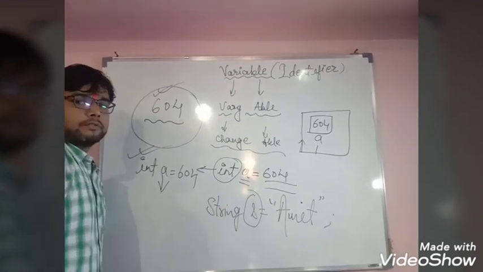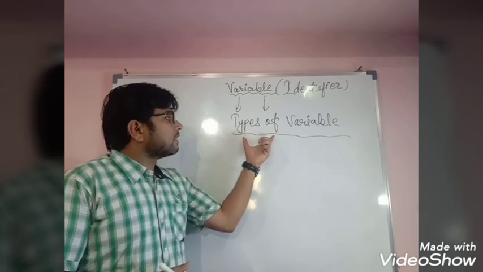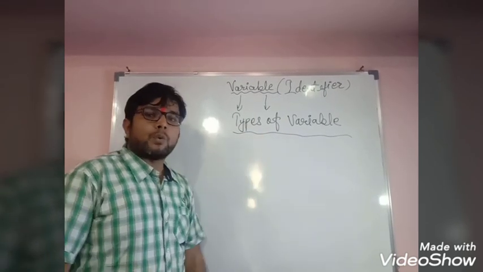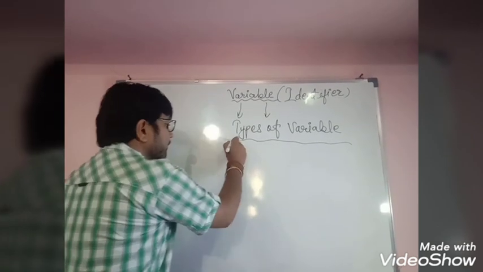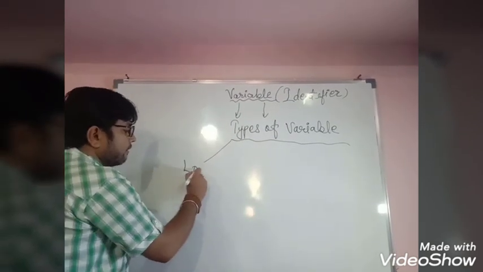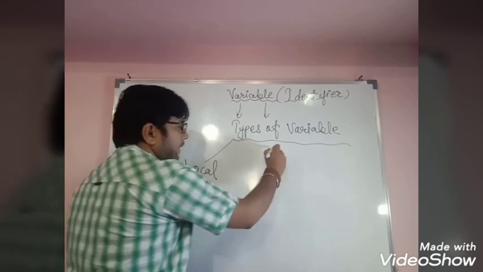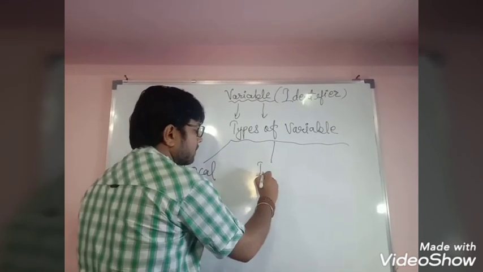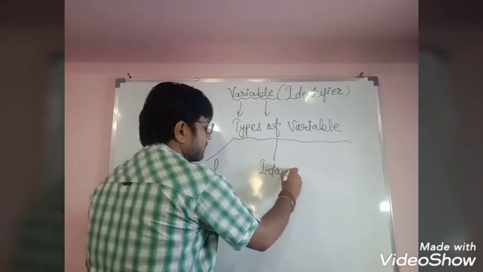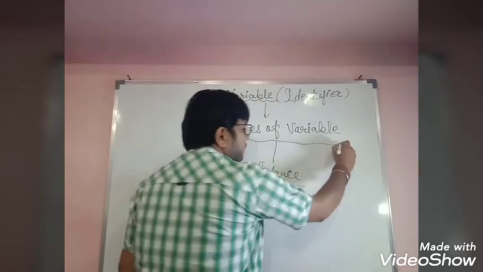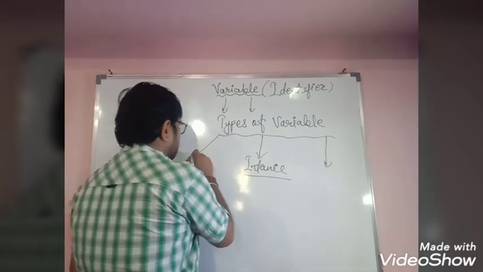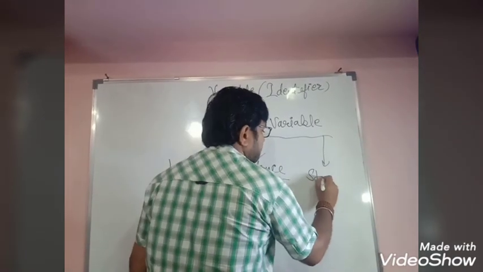Now students, we have to learn about the types of variables. Variables are mainly of three types. First is local variable, second is instance variable, and third is static variable.